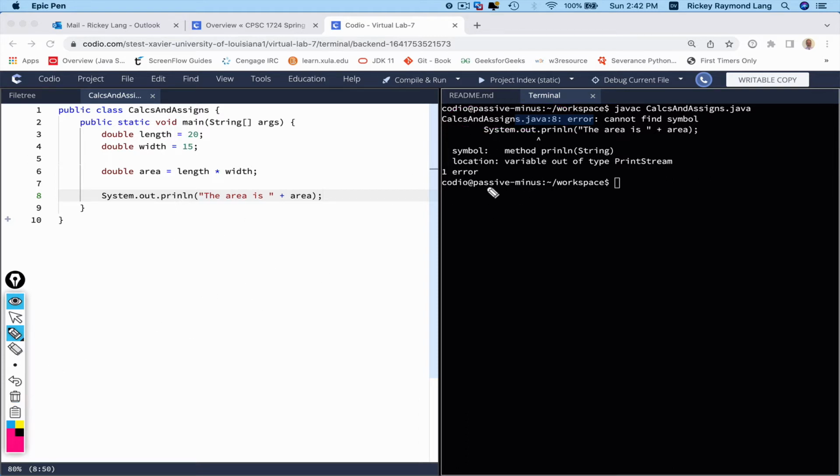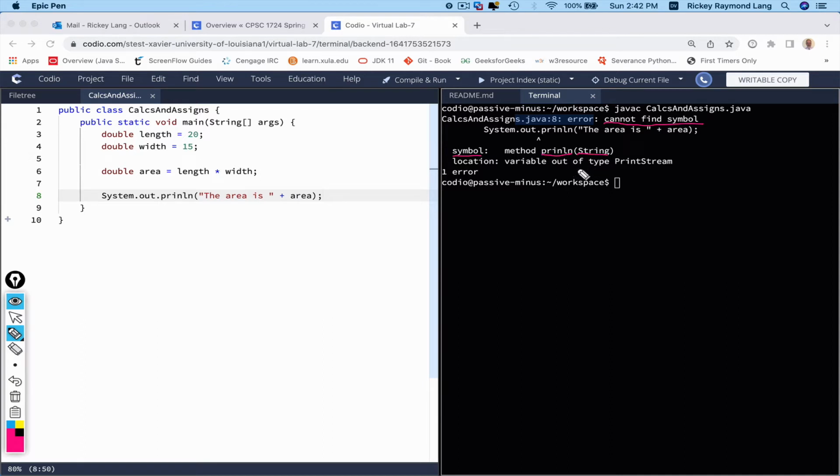Then the system will print the line that had the error, and you'll get a caret at the beginning of the symbol that caused the error. Notice the caret is actually pointing at the period here, but it's at the beginning of the unrecognized symbol. So it's saying I cannot find the symbol. The symbol it cannot find is the method print line of a string, or println.